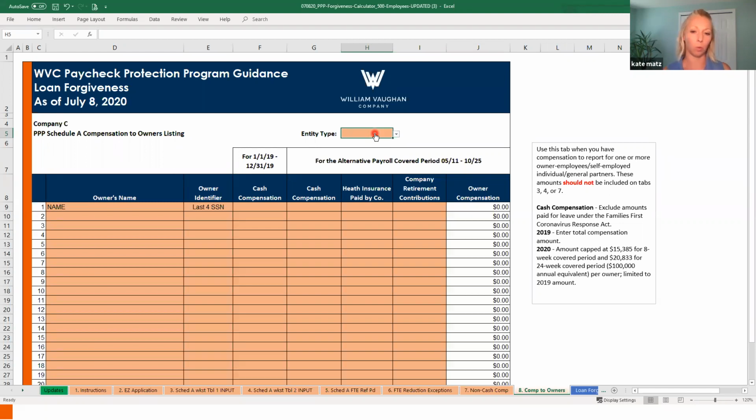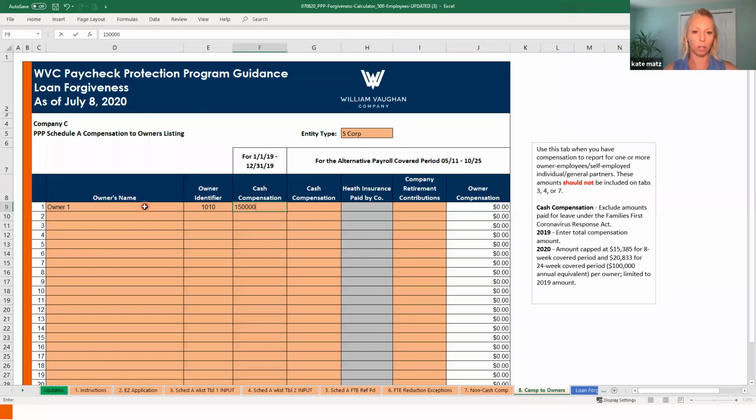So we haven't worried at all about what's going on with FTEs of owners or with compensation of owners and their reductions. Right now is the only time when we get to look at the owners and include their information. So we said that this is an S Corp, so we'll put S Corp, put in our owner information, and we'll just say that we've got one.